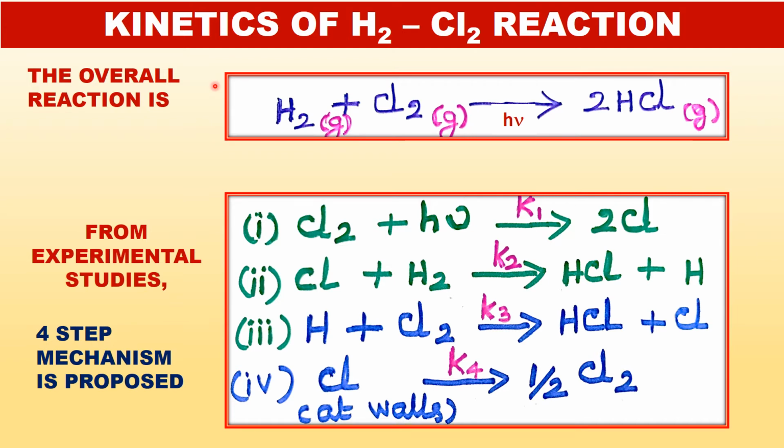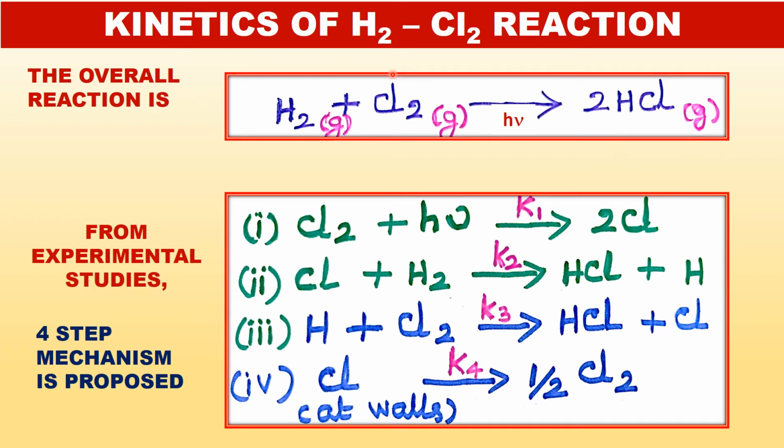Good morning. Let us study today the kinetics and mechanism of the photochemical reaction of hydrogen gas with chlorine gas in the presence of light to give hydrogen chloride, HCl gas.